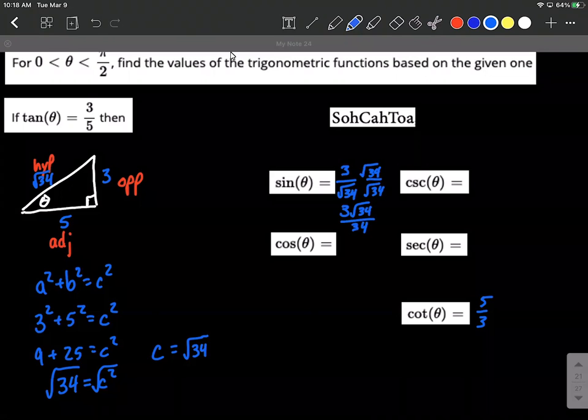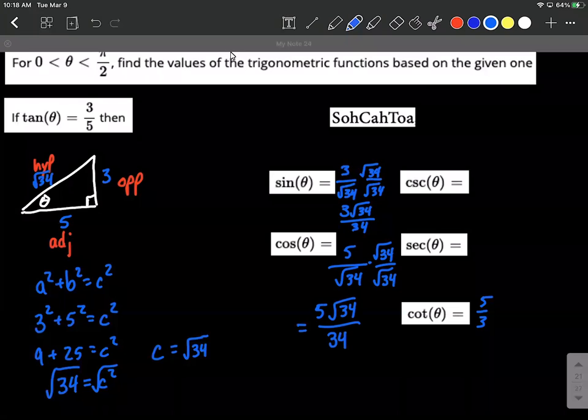For the cosine, that's going to be the adjacent side, 5 over the hypotenuse, square root of 34. Again, if we want to rationalize this, it's a pretty simple task in this case. We're going to multiply numerator and denominator both by square root of 34. So we have 5 square root of 34 over 34.